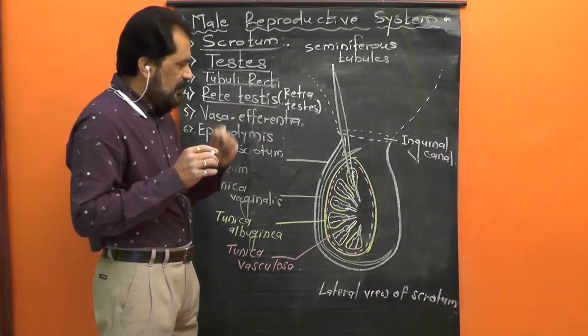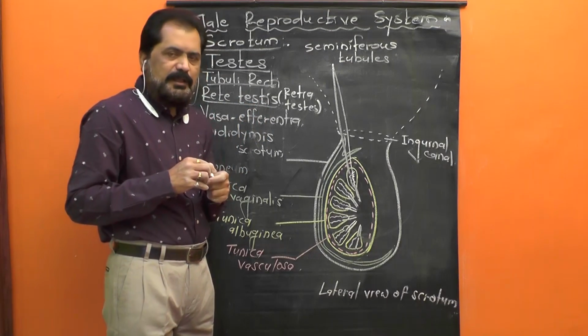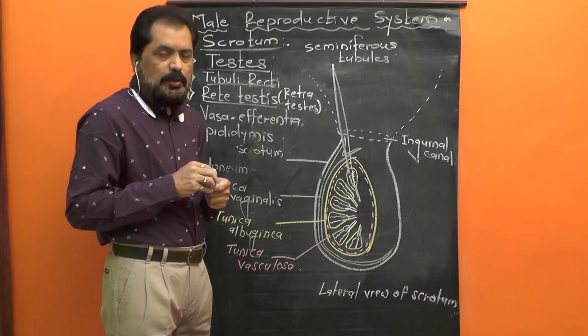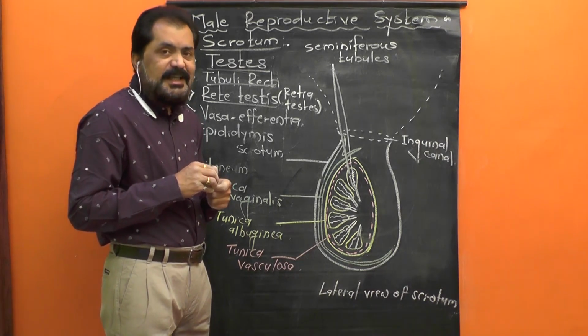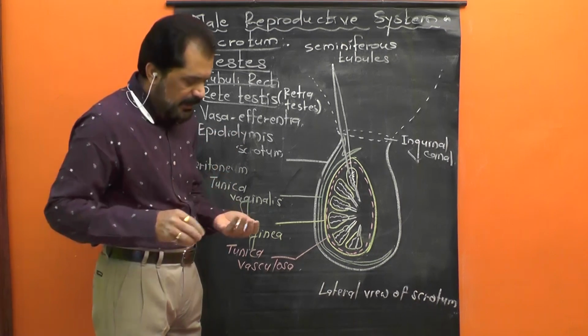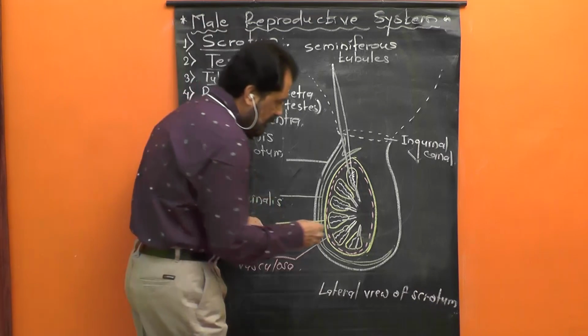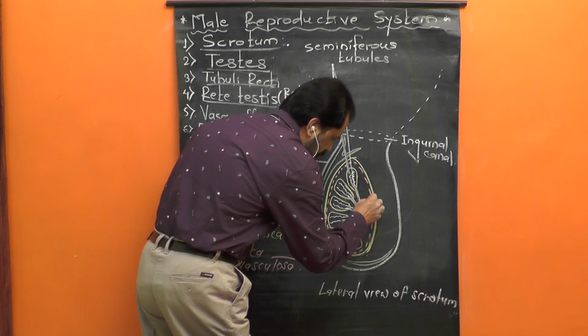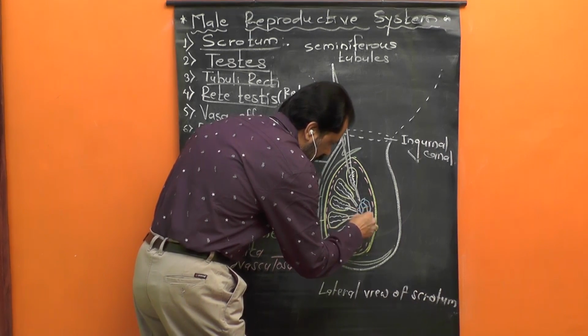Rete Testis is simply a network. It is a network of wide and irregular tubules. Look at the diagram. These are the tubules.